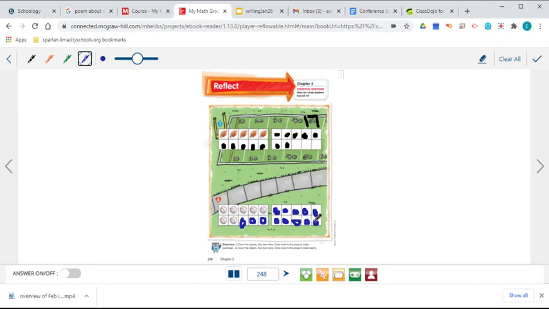So we had to have those 2 full 10 frames to make 20. We started with 7. How many more did we draw to get to 20? How many did you draw? So we did 1, 2, 3, 4, 5, 6, 7, 8, 9, 10, 11, 12, 13. So we started with 7 and we had to draw 13 more to get to the number 20.